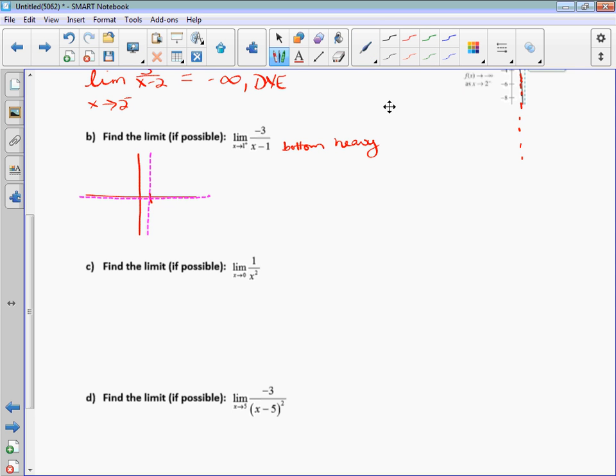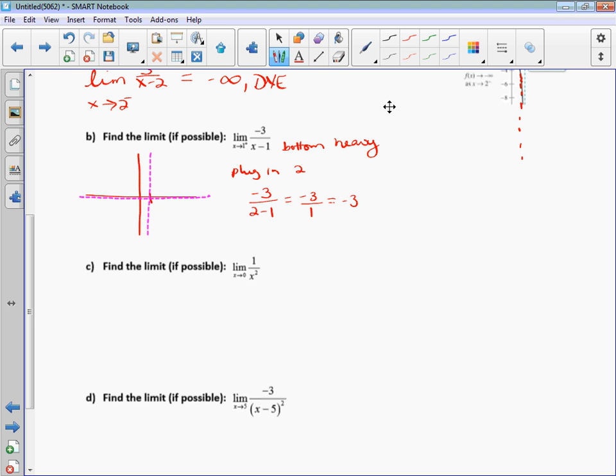And I want to know what's happening as x approaches 1 from the right. Well, give me a number that's to the right of 1. 2. So let's see if I plug in a 2. I get negative 3 over 2 minus 1, which is negative 3 over 1, which is negative 3, right?